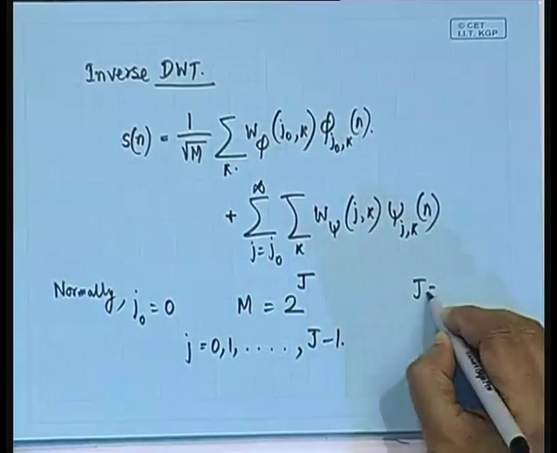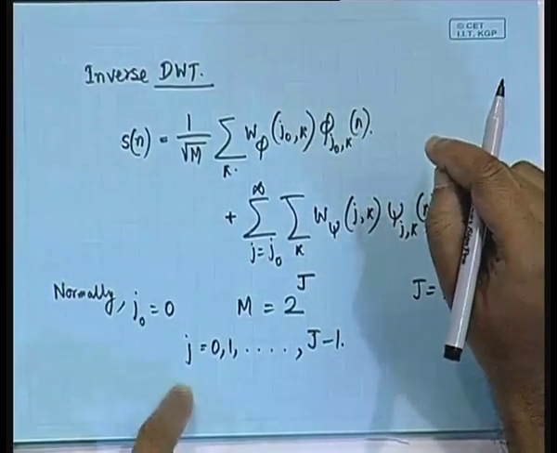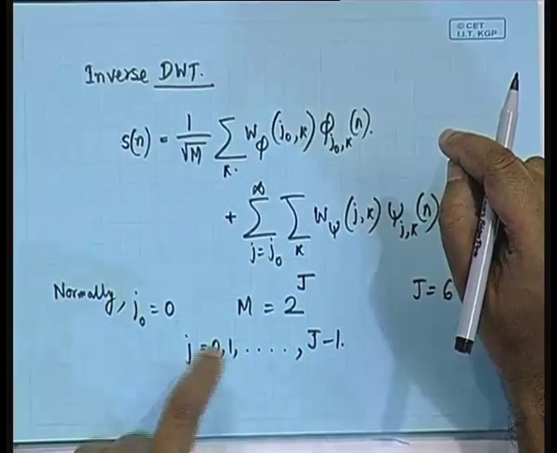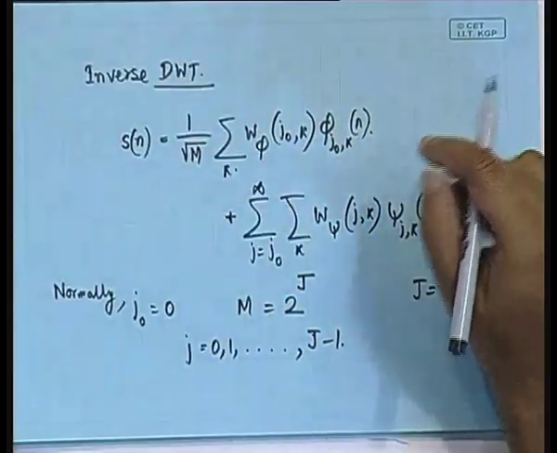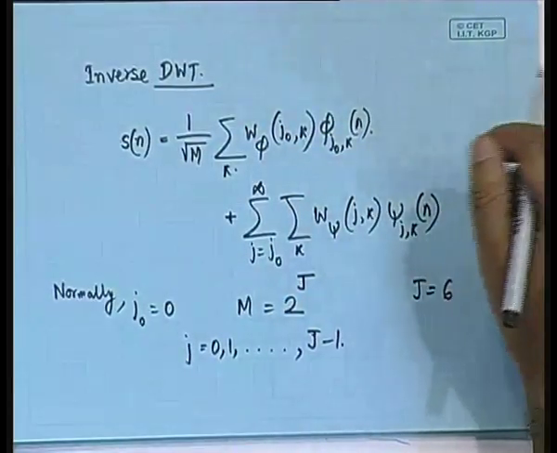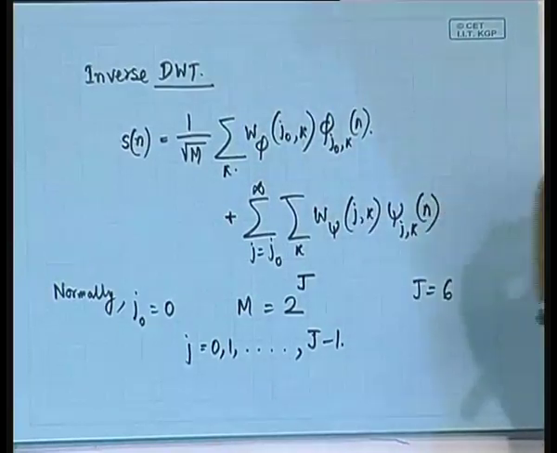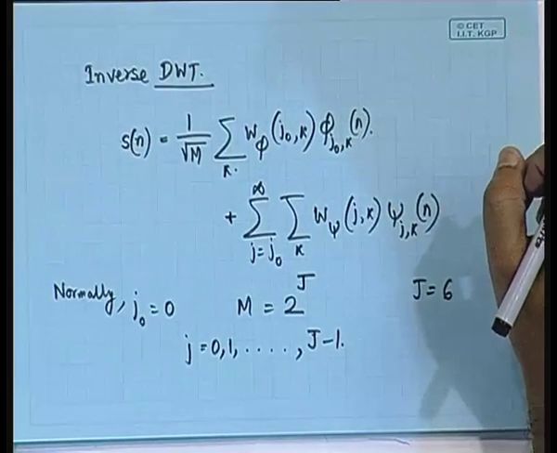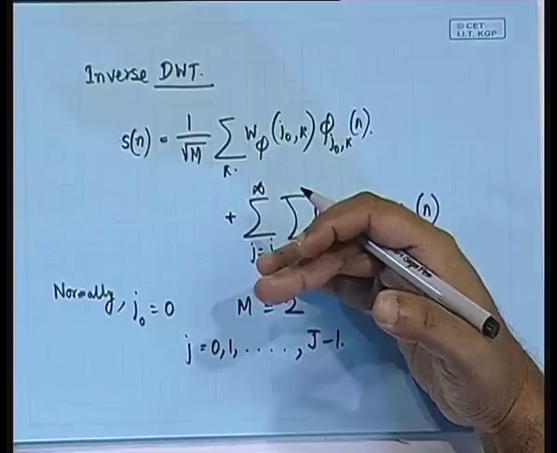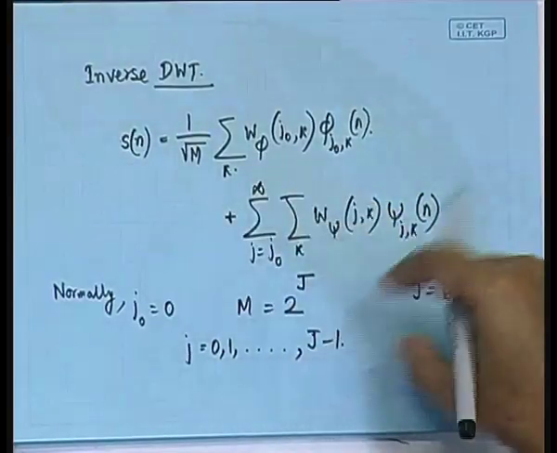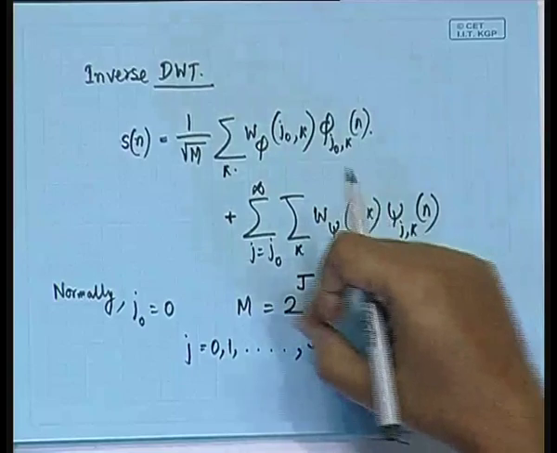So, my capital J becomes equal to 6, and in that case the summation term associated with the wavelet function, the wavelet coefficient, would have 6 terms, because there can be 6 different scales of wavelet function that we can choose, and that is why the summation will be from j equal to 0 to j equal to 5, because capital J being equal to 6, it is 0 to 5.